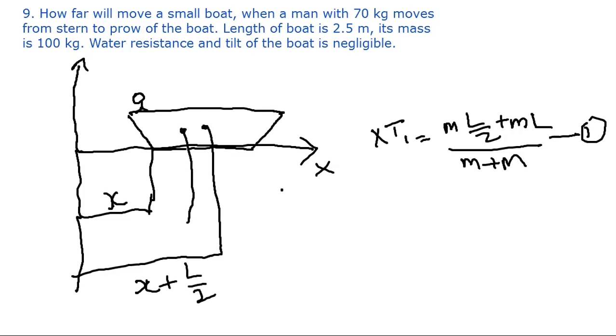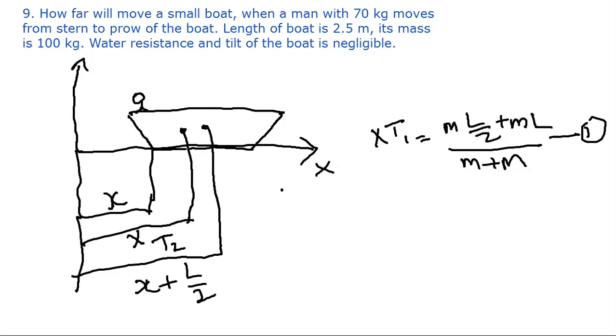Let us call it as xt2. So this is the center of mass of the whole system, and here is the center of mass of the boat. Okay, we know that if we are looking from outside the boat, from an external point of view, the center of mass xt2 stays the same as initial, and only boat moves forward.